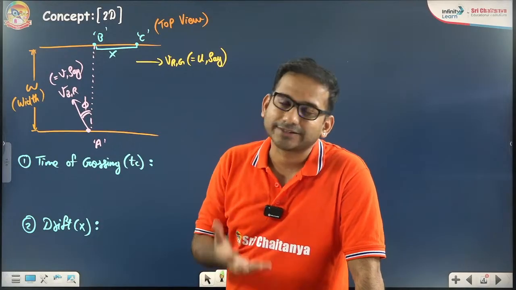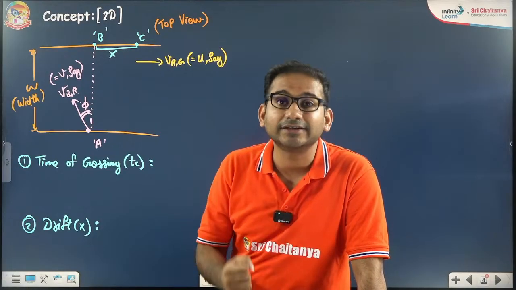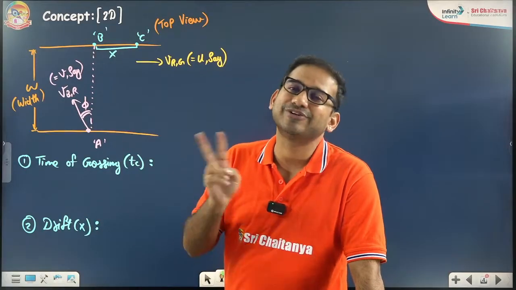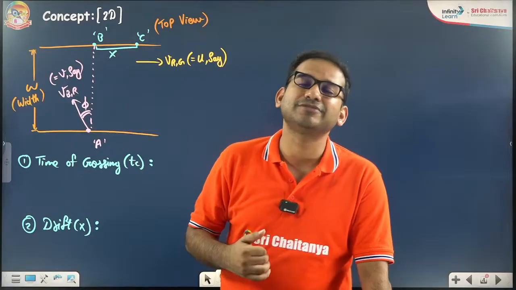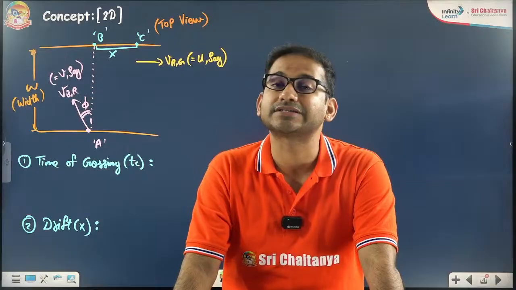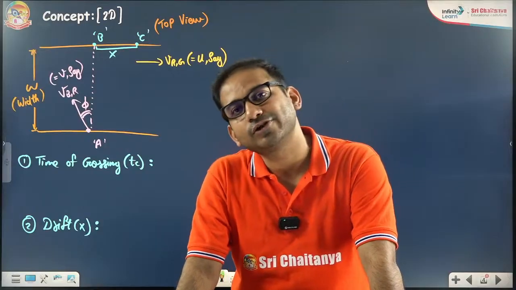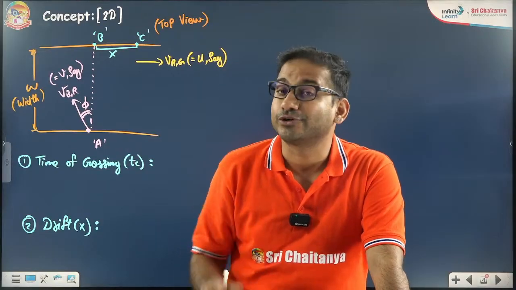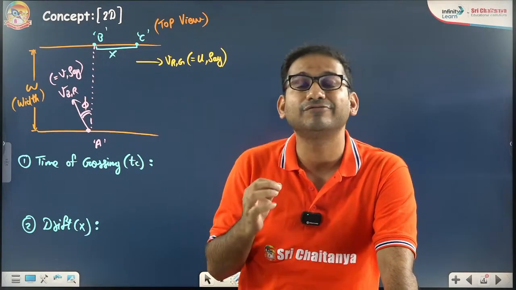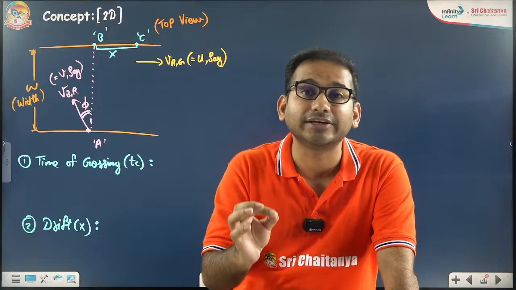That's why we want to get the motion with respect to ground, although the velocities whose information we have are the velocity of the boat with respect to river and the velocity of flow of the river. So what you need to do with these 2 velocities in order to get the net velocity, we want to add them vectorially.